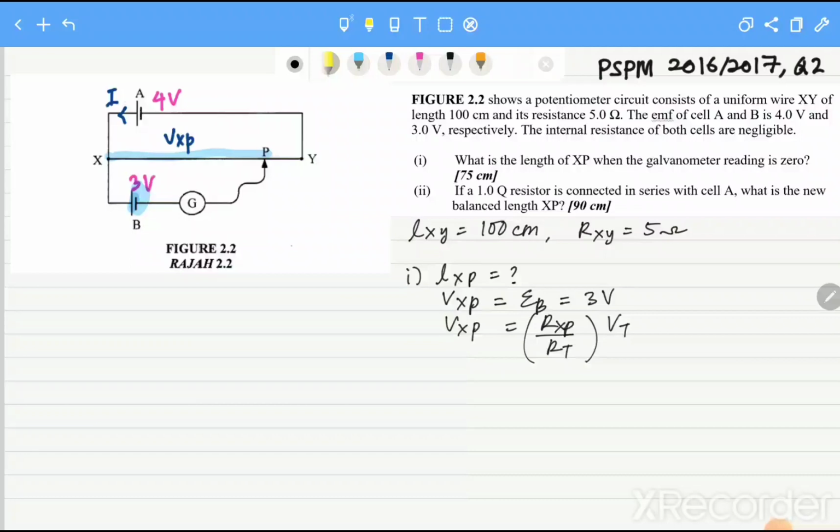The current flows from the battery, I use yellow color, along wire XY and back to the battery. So here we have the resistance wire RXY in series with cell A.